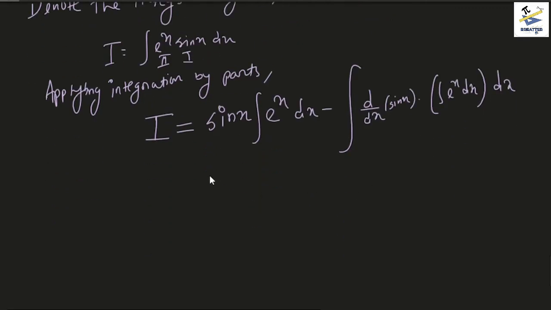The integral of e to the power x is just e to the power x, so it becomes e to the power x sin x minus the differentiation of sin x, which is cos x, so cos x into e to the power x dx.